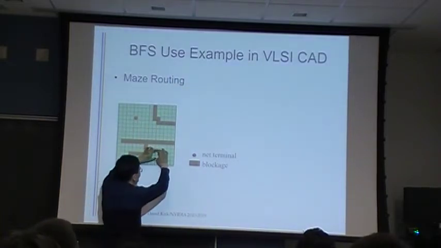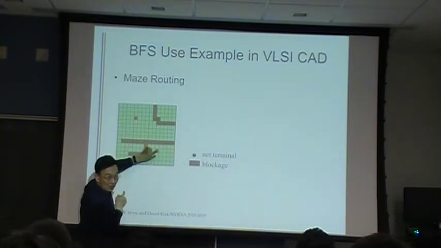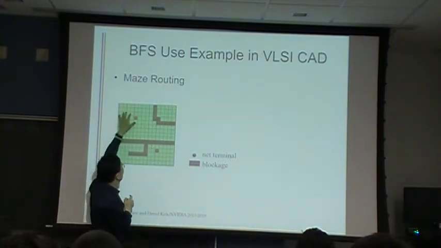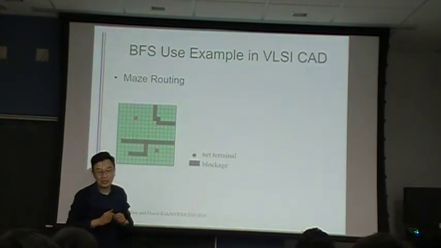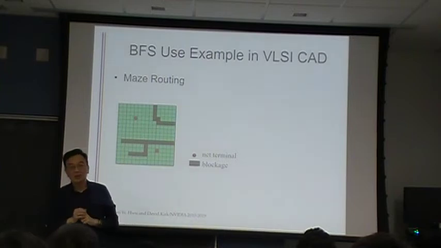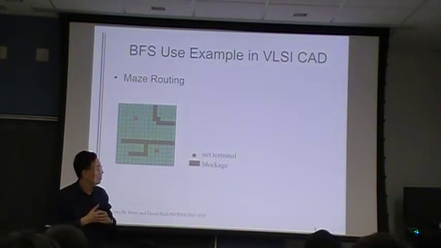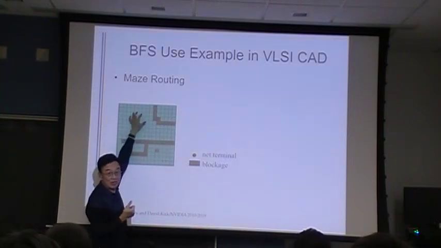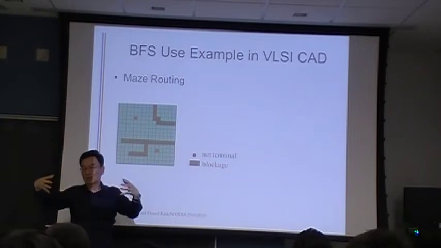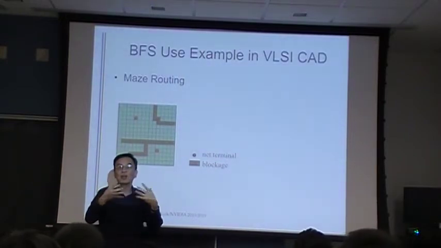So then there may be a logic here, and then you have a pin for the logic, and you need to have another block of logic, and you have a pin here. You need to connect these two logic, right? This is a very typical kind of routing, even for FPGAs. In FPGA, you can think about this as a lookup table, another lookup table, and then you're connecting all the pins from the lookup table to form the logic.